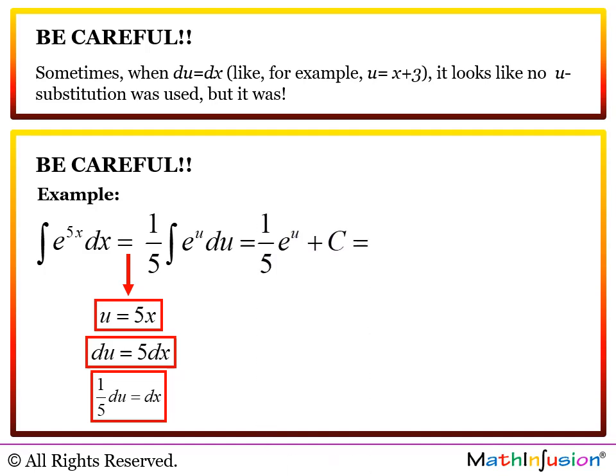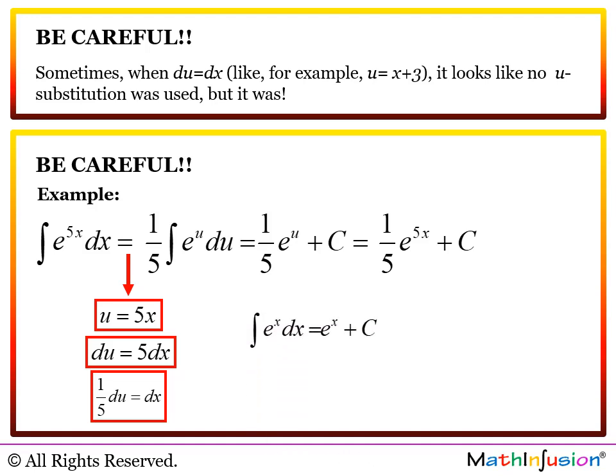Easy. Now it is easy to do because I told you what to do. Because I note to you, don't ever forget that a composite function can look like it's not, but it is. So the answer is 1 over 5 times e to the power of 5x plus c.